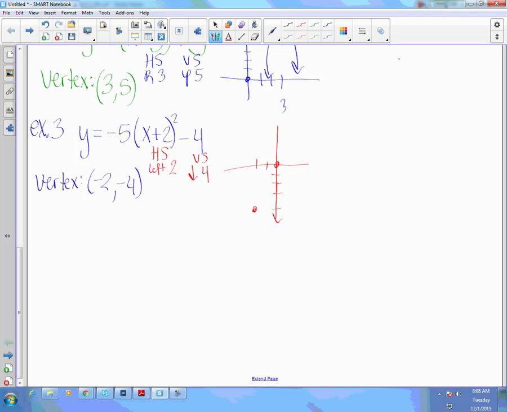Okay, this does two things to the graph. What two things does it do to the graph? Can you look at the cheat sheet over there on the board?